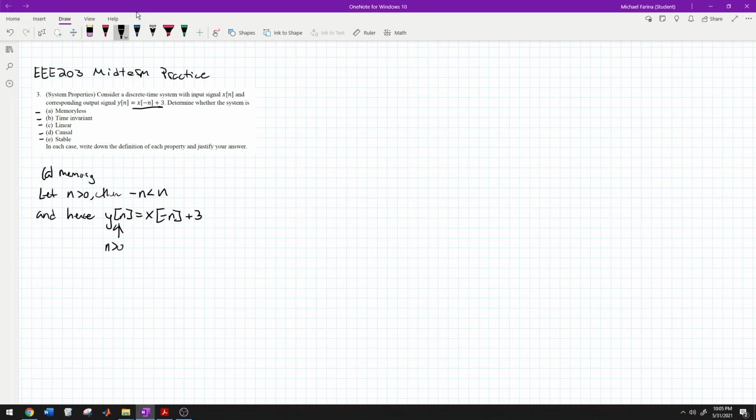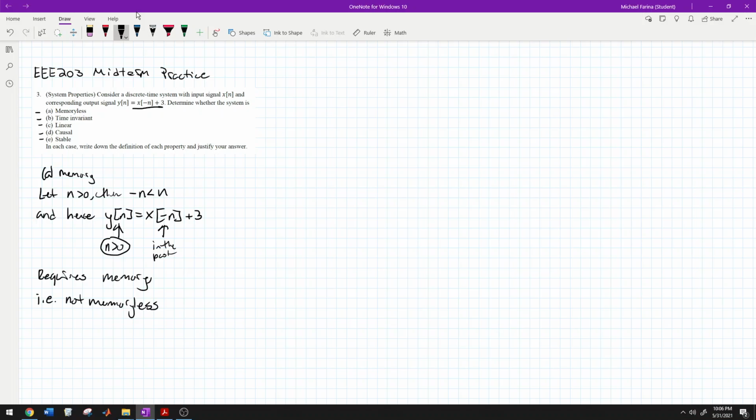So if this is greater than 0 right here, then this is going to be a negative n, and it's going to be in the past, and therefore requires memory. Or, in other words, not memoryless.